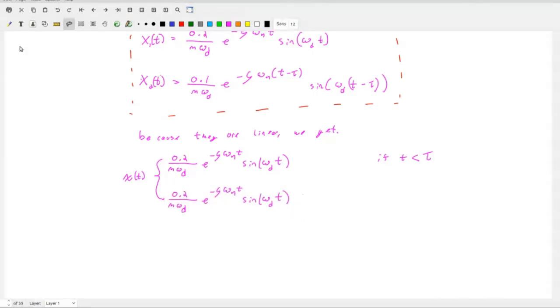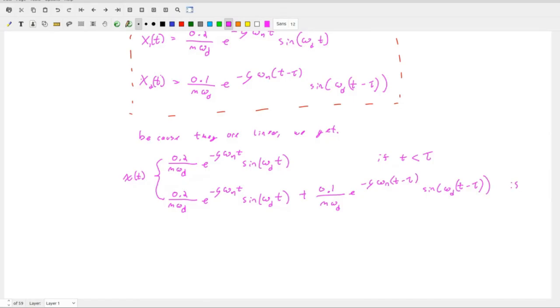So it's the exact same term, but because they're linear, we can add 0.1 over m omega d e to the negative zeta omega n of t minus tau sine of omega d of t minus tau, with a bigger parentheses.